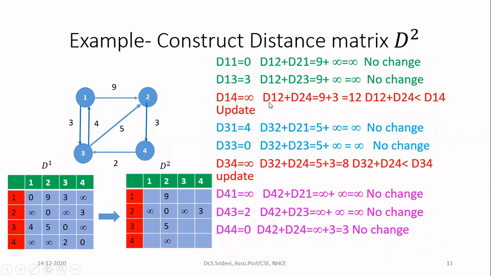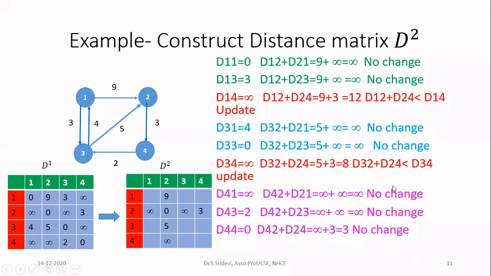That means you have a shortest path. So now you need to update this in the matrix. So these two, there are no changes. Keep them as such from the previous matrix. Whereas D14, you have a shortest path. So you have to update the value. Don't keep this value from the previous D1. You have to update it.